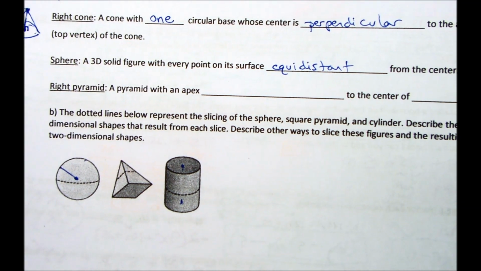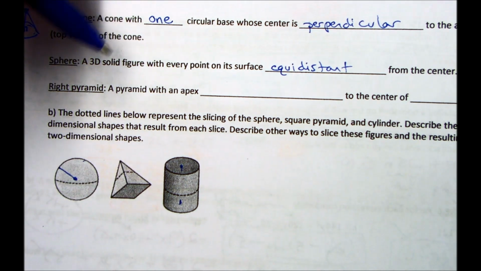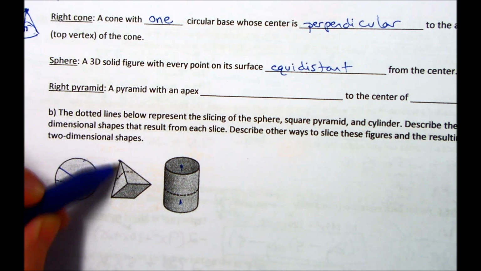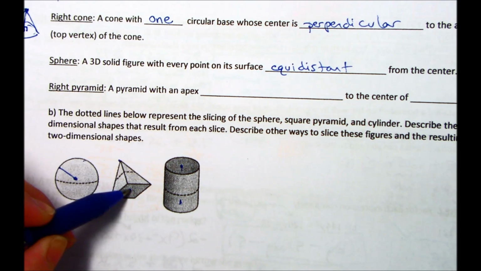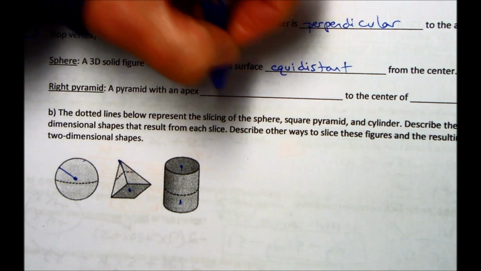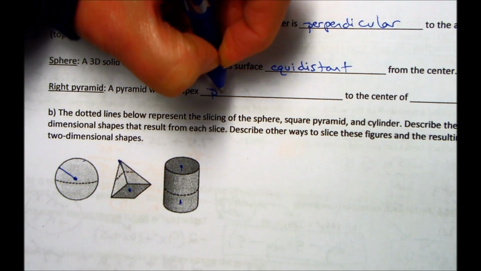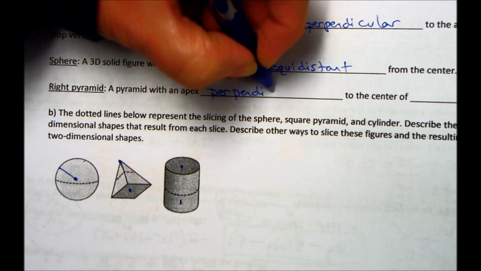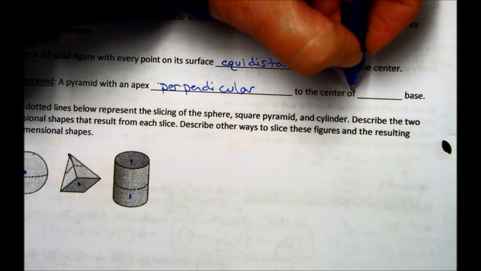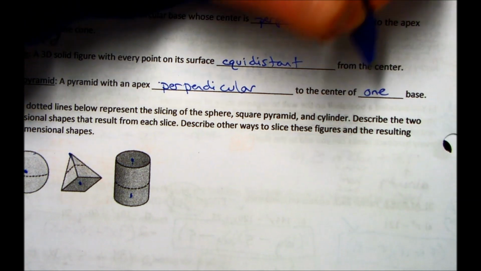A right pyramid. Here's an example of a right pyramid. It's a pyramid with an apex. Again, the tip of this pyramid to the center of our base would be perpendicular with the base. So a pyramid with an apex perpendicular to the center of one base.